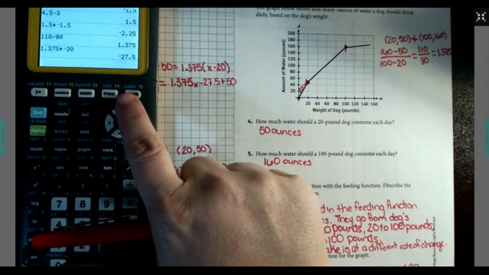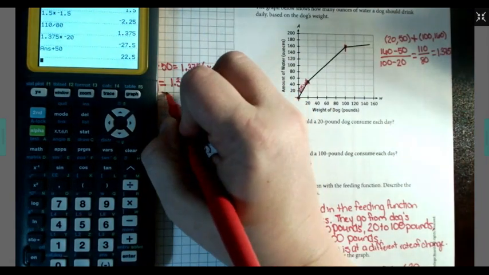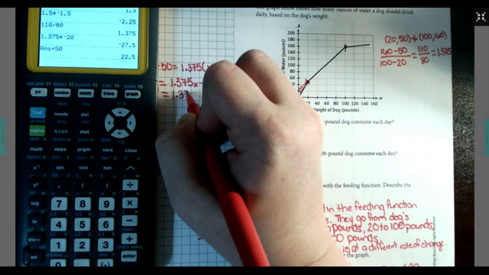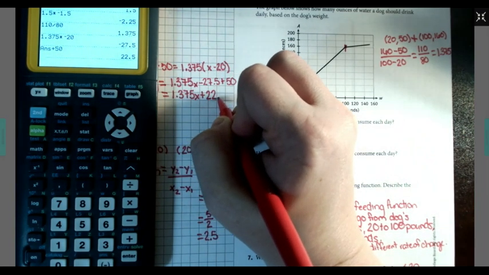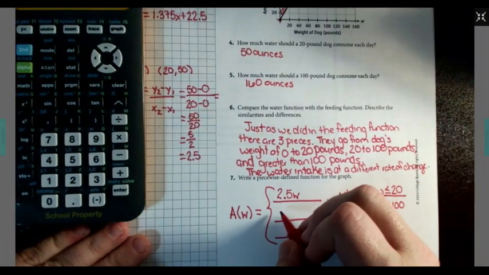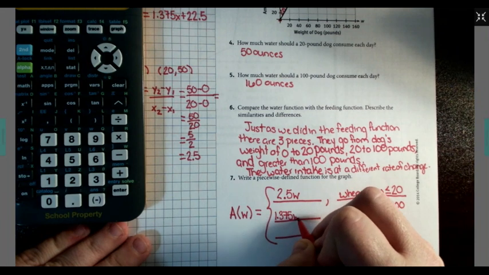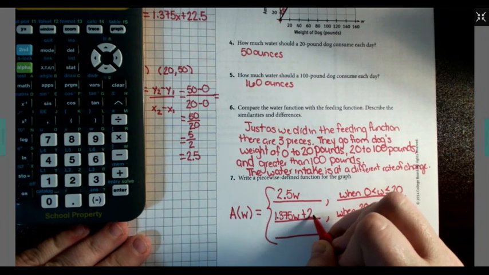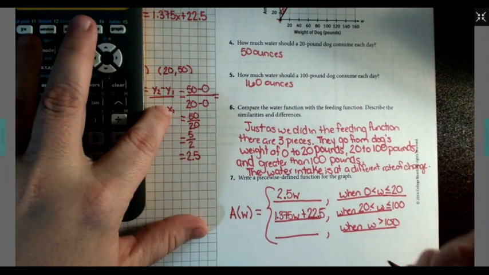Well, negative 27.5 plus 50 is going to give me 1.375x plus 22.5. So in this case, that's going to be W. So 1.375 W plus 22.5. Sorry.